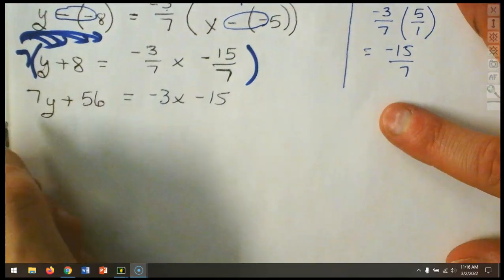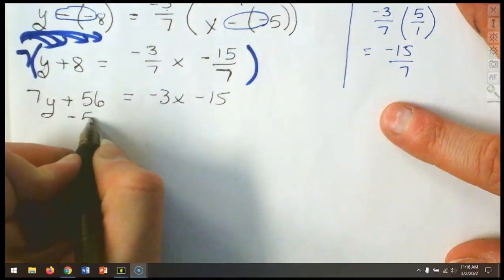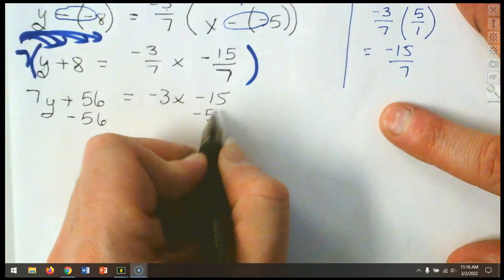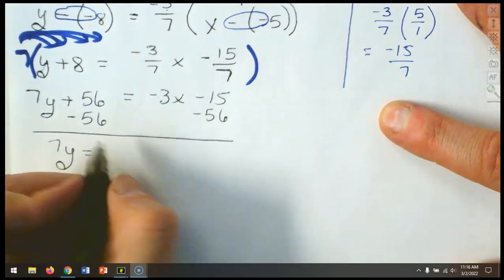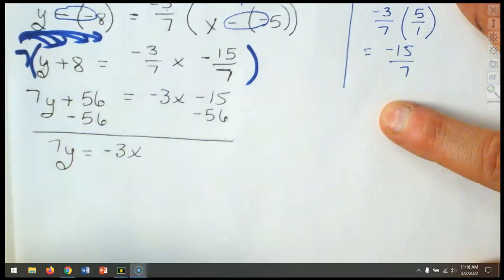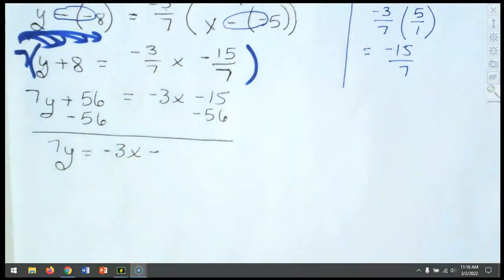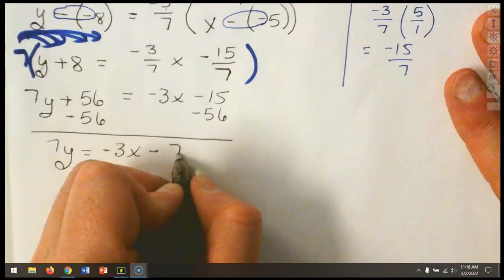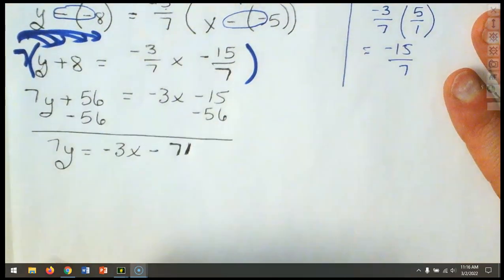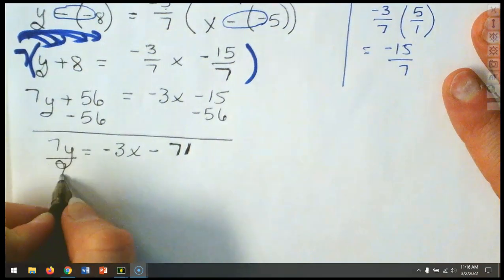So I'm going to go ahead and move this 56 over with subtraction. Now we've got 7y equals a minus 3x, 56 and 15. They're both negative, so it's a negative 71. We'll divide by our 7 everywhere.